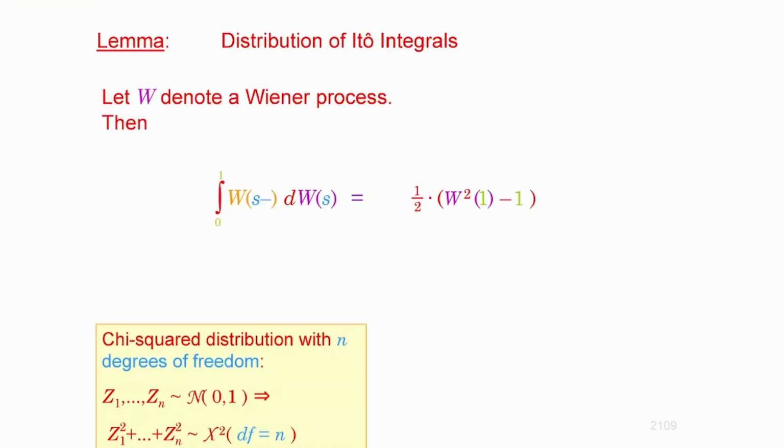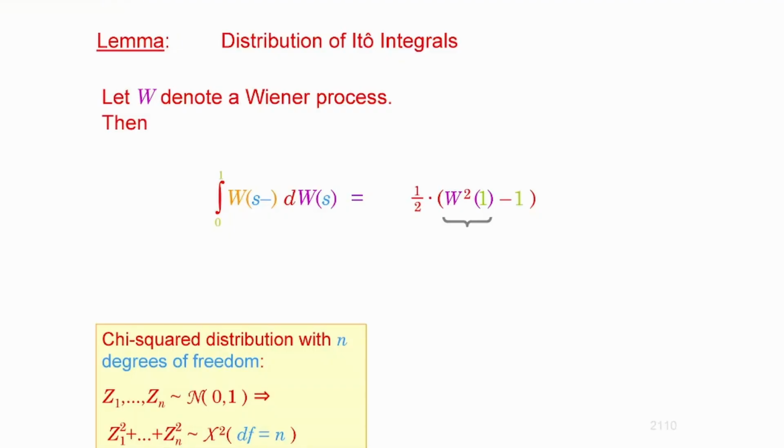So the degrees of freedom, df, corresponds to the number of summands that the sum of the squares would have, of course regarding the independence. Now, the Wiener process at time point 1 follows the standard normal distribution, by the way.